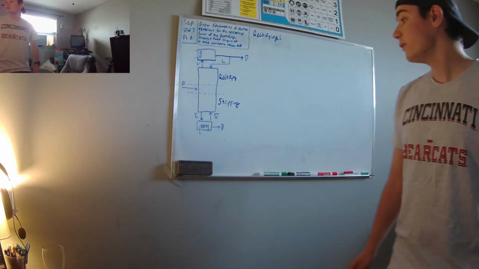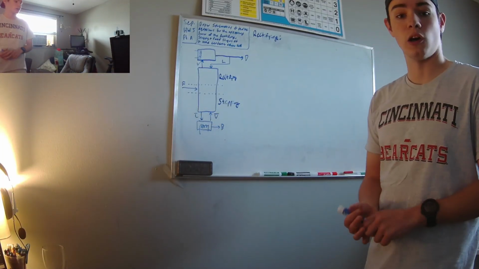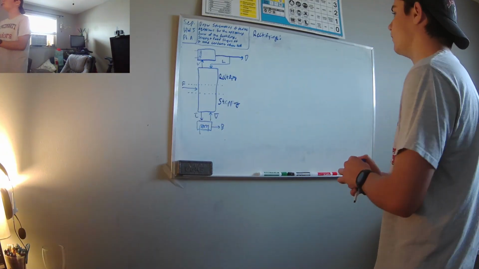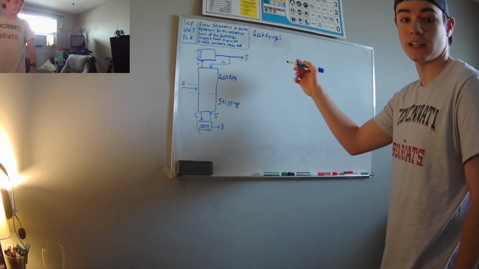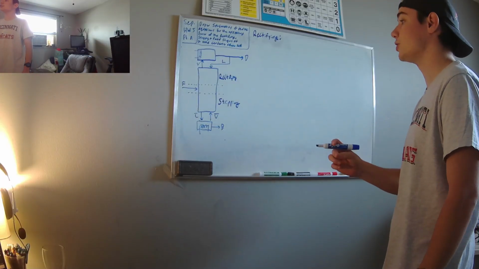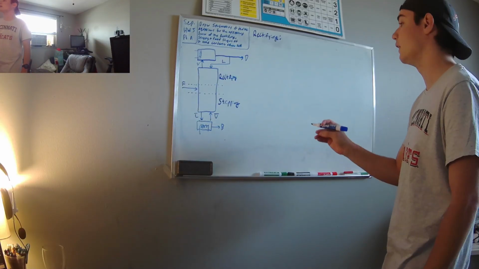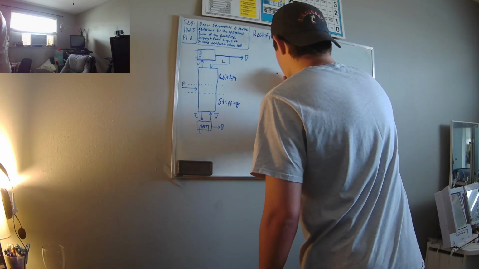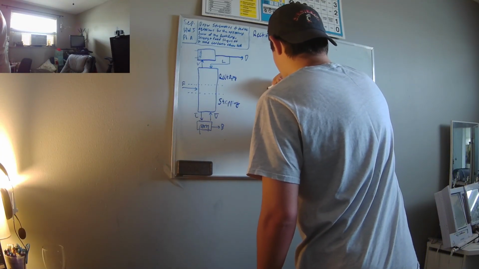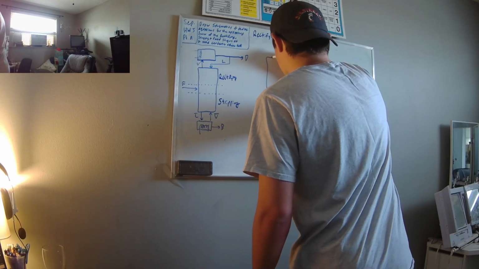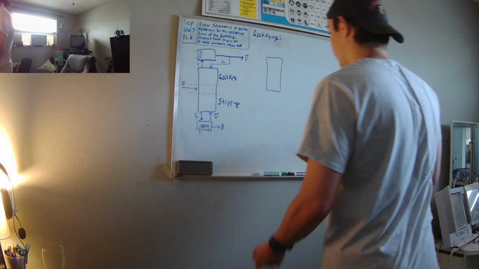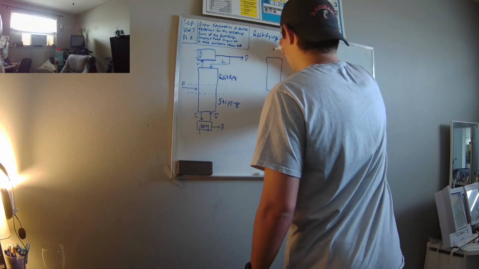Okay, now that we've got our overall distillation column schematic here, let's get into the details of the schematic for our rectifying section so that we can figure out the equation for the operating line within that rectifying section. So drawing out a similar kind of schematic here, we've got an overall drawing of the rectifying section.